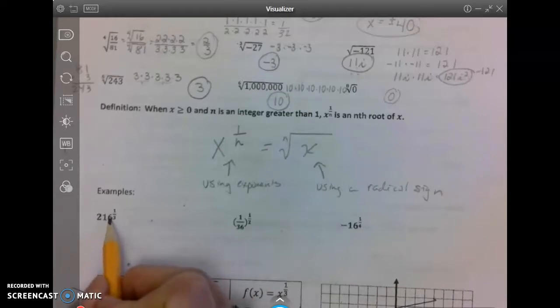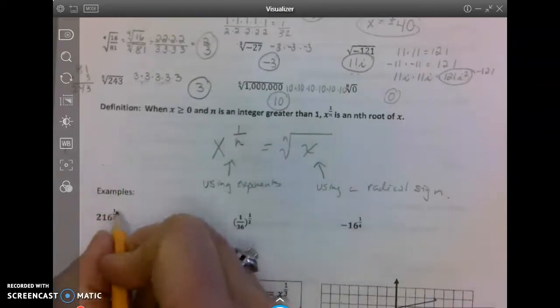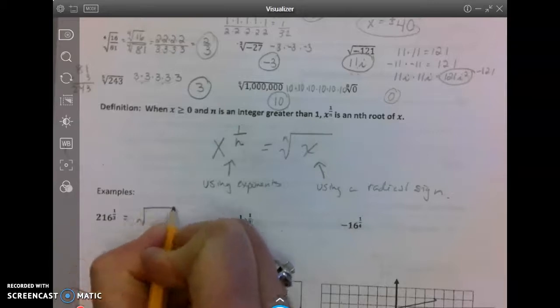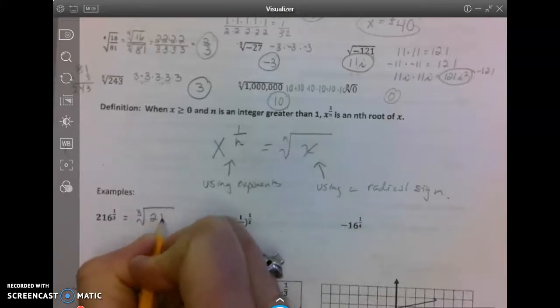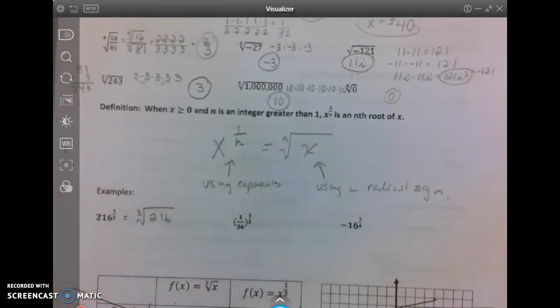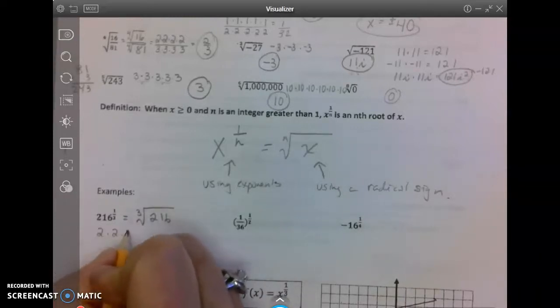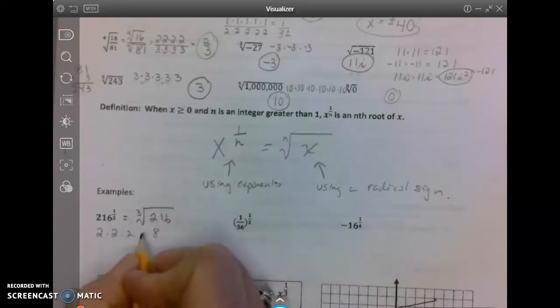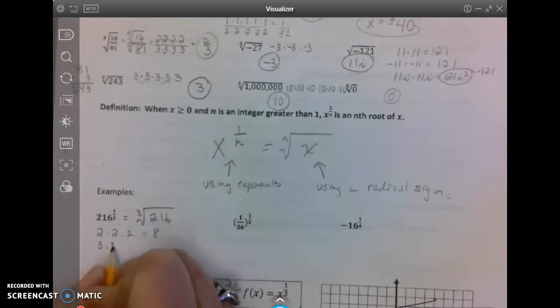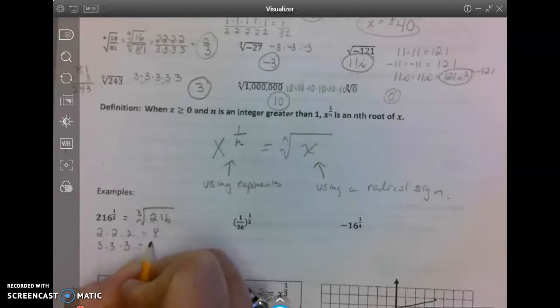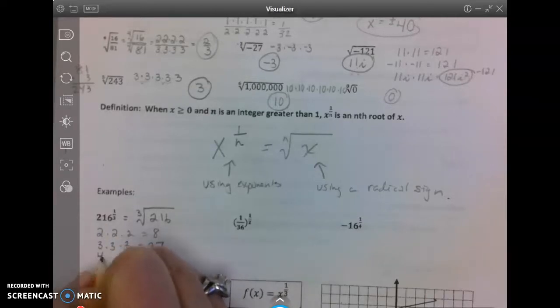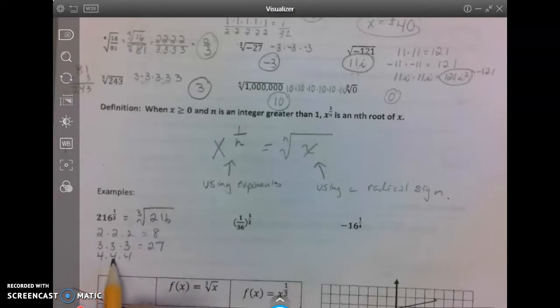So 216 to the 1/3 power means what is the third root of 216? So I've got to try. What's 2 times 2 times 2? That's 8. Doesn't work. 3 times 3 times 3 is 27. Not it. 4 times 4 times 4. 4 times 4 is 16. 16 times 4 would be 64.